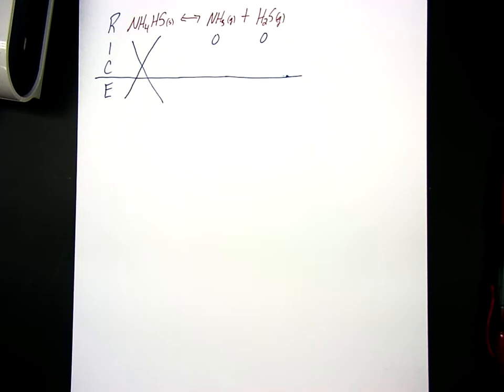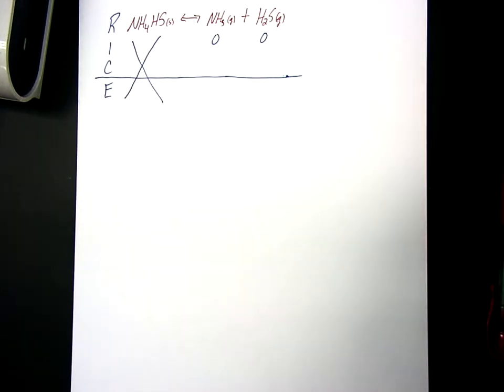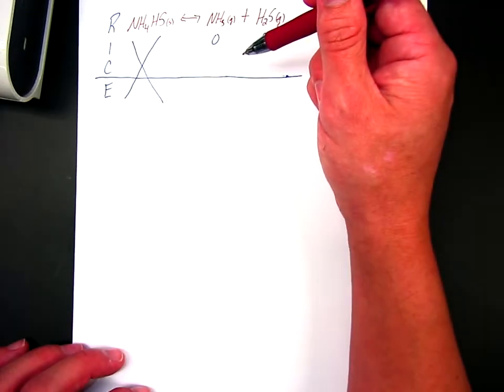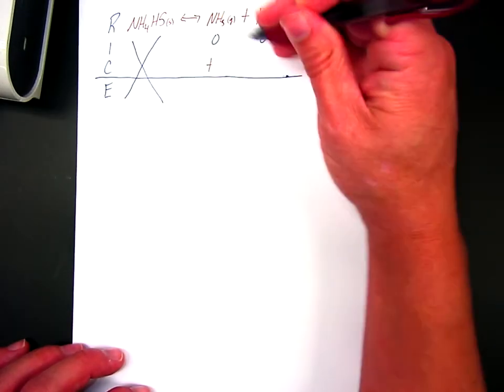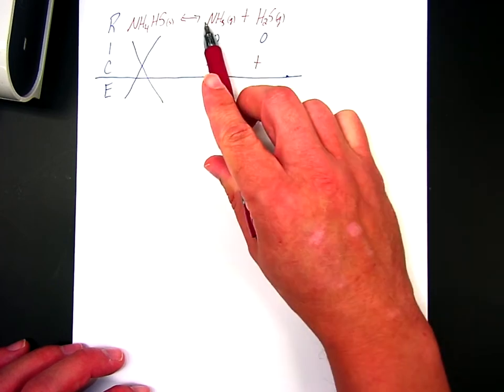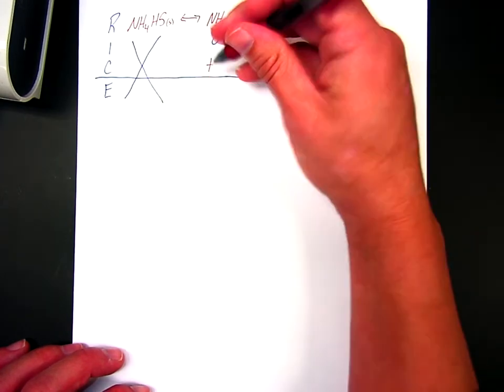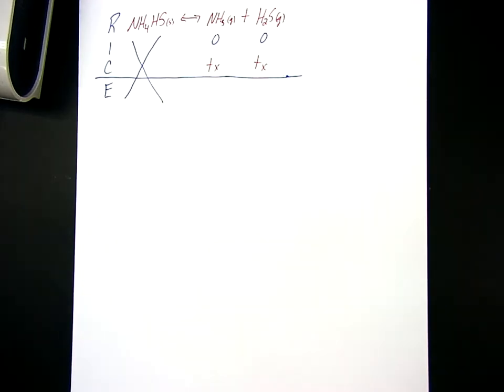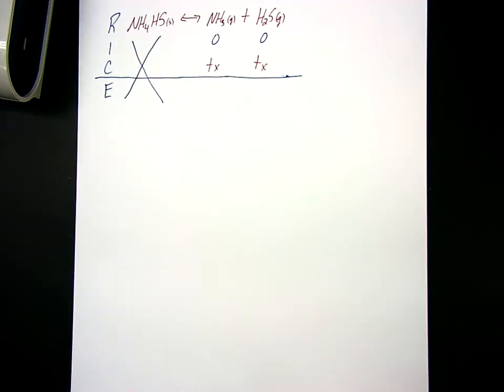So using our normal shift here, you'll see that we expect our products to both, of course, go up. There are no coefficients, so we don't have any coefficients to drop. So that's what our change will look like.